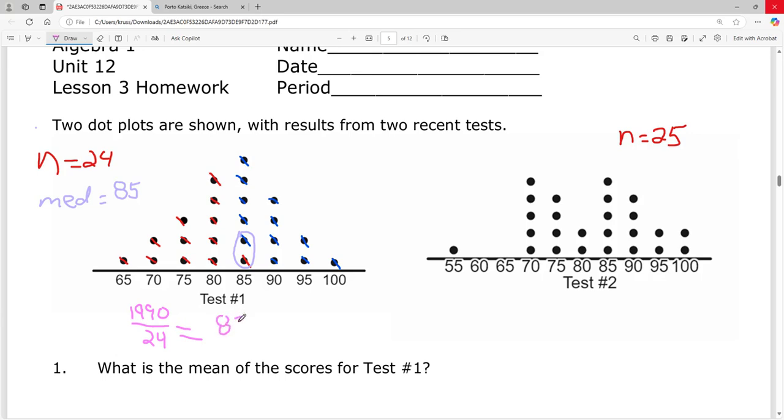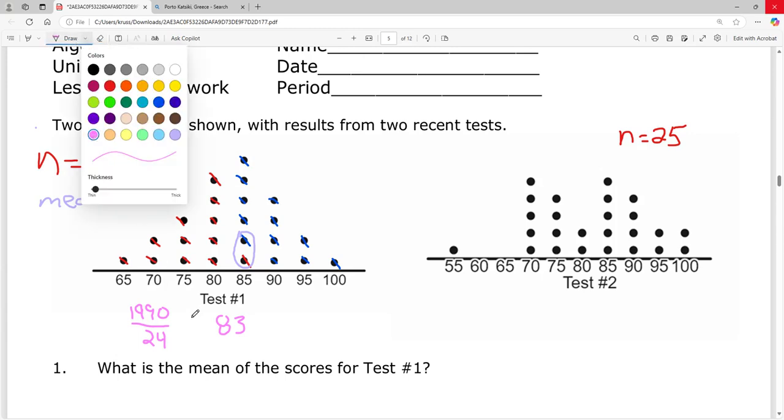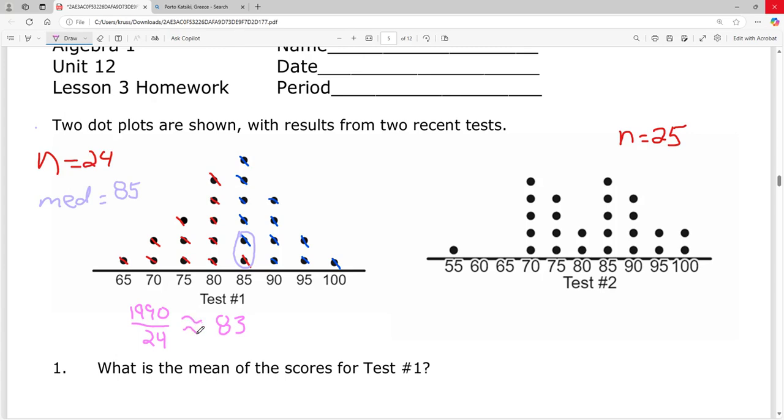Let's change these equal signs to an approximate sign. Approximately 83. Or 83 is the test score, presuming that it's in percentages. All right, so now we figured out the median and the mean. This is the mean.